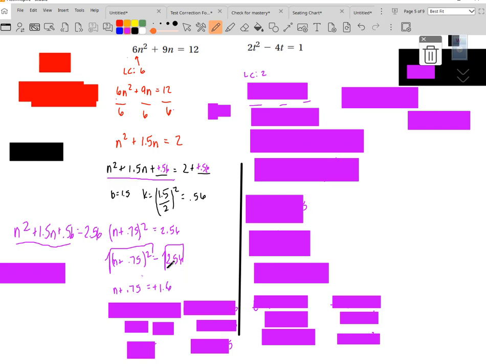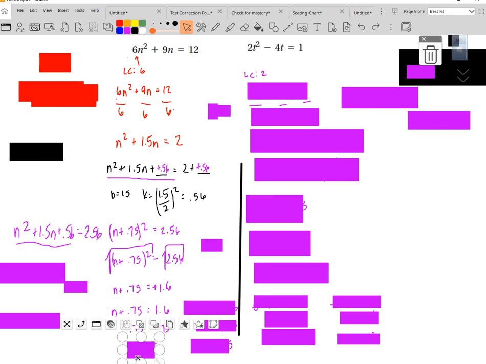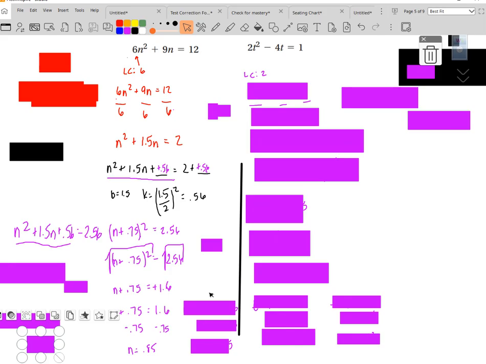Okay? So now we're going to just solve the equation. We're going to subtract 0.75 from both sides. Well, I thought this would make it easier. Maybe not. And so one of our solutions is 0.85.